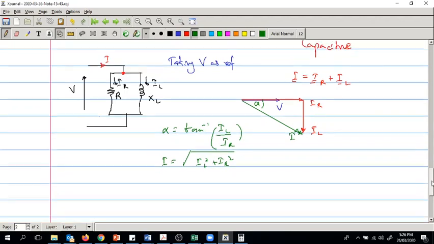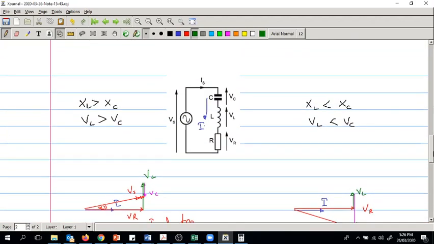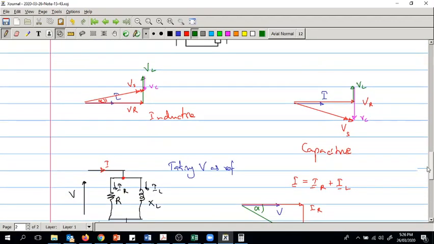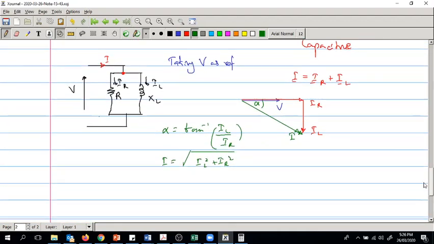In the case of a series circuit, the current is common for all the elements, so you take current as reference, and you start drawing the phasor of the resistor, if there is any, first, because the direction of the phasors, voltage and current, are in phase for a resistor. So therefore you start from there. Although it is not absolutely necessary, you generally start from there.